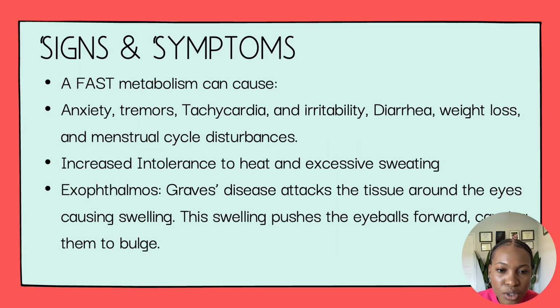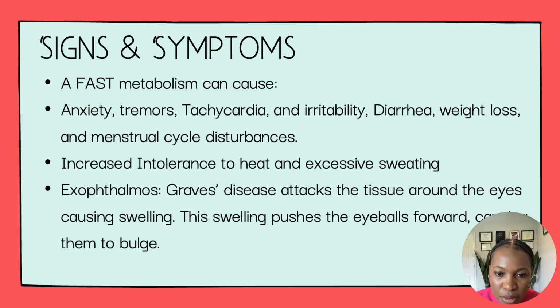Now, I always tell you to match the signs and symptoms of a disease process to the pathophysiology of what is going on. So we've talked about how hyperthyroidism refers to a fast metabolism, faster than we want the metabolism to be. So what might you see in a typical patient who has a metabolism that is fast? What signs and symptoms do you expect?